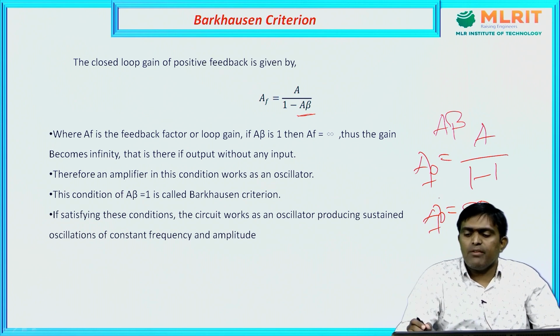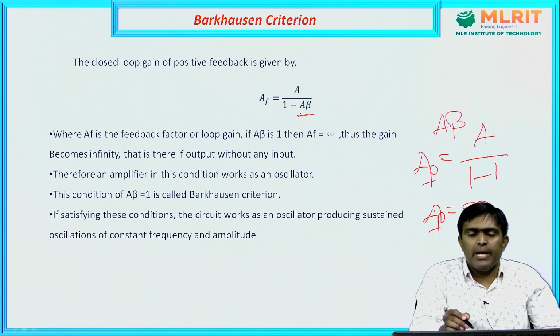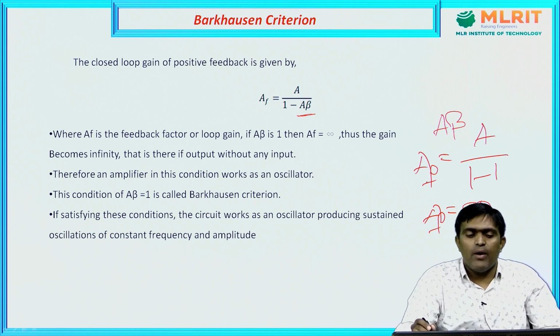So from this equation, when the term A into beta is equal to 1, we get the feedback gain AF as infinity. From this expression, we can tell that there is an output without any input.